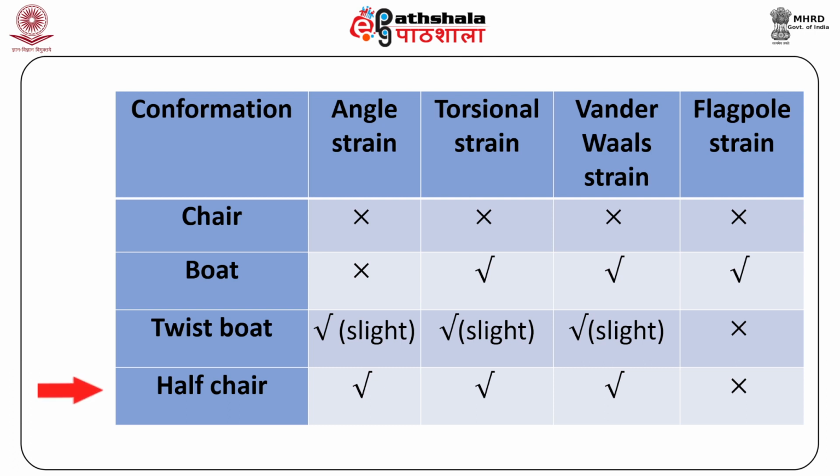It has a large amount of angle strain because of the planarity of 5 carbon atoms. The torsional strain is high, van der Waals strain is also there. However, flagpole strain is not there in half chair conformation, but it is the most unstable conformation in case of cyclohexane, and thus it actually exists as a transition state for converting one chair into another chair.